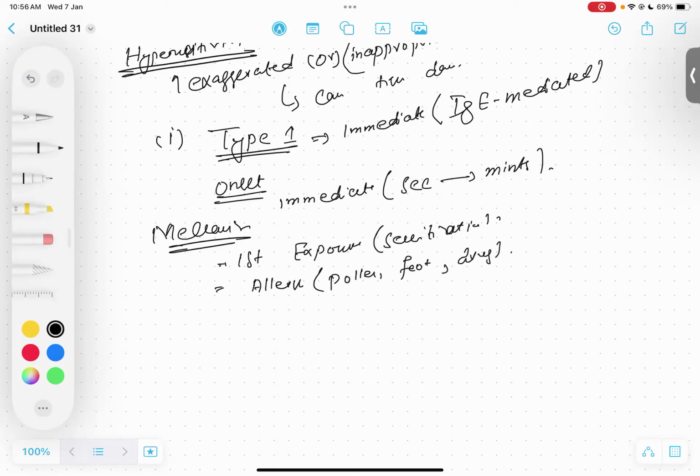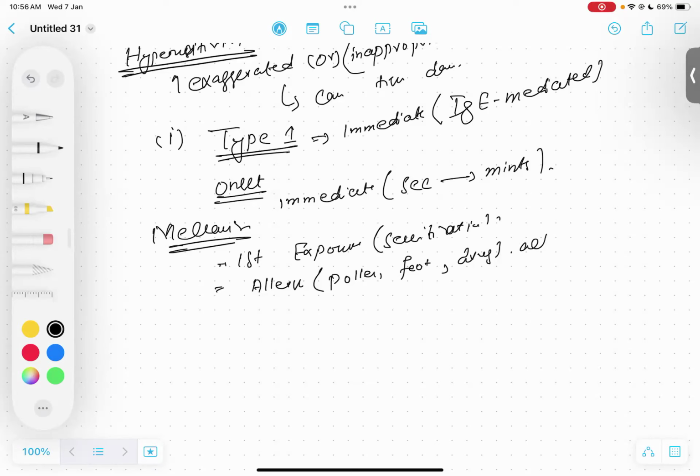The most common type of food allergy is, can anybody tell me? Nuts. Peanuts and other types of nuts. Some people are very allergic to them.